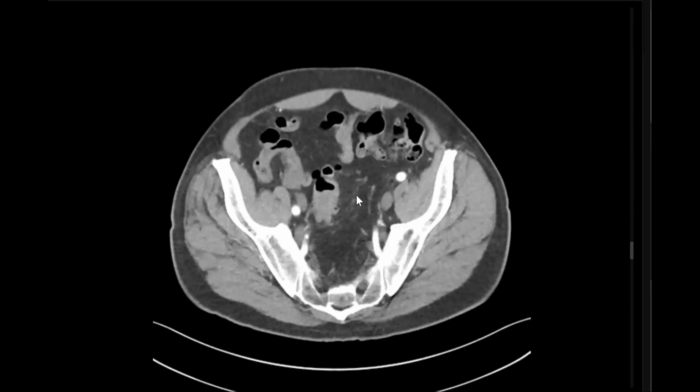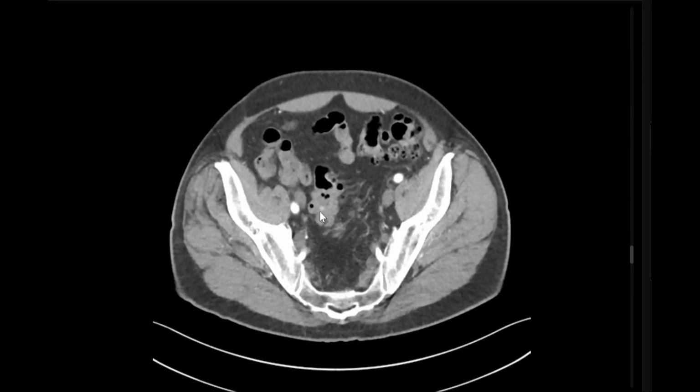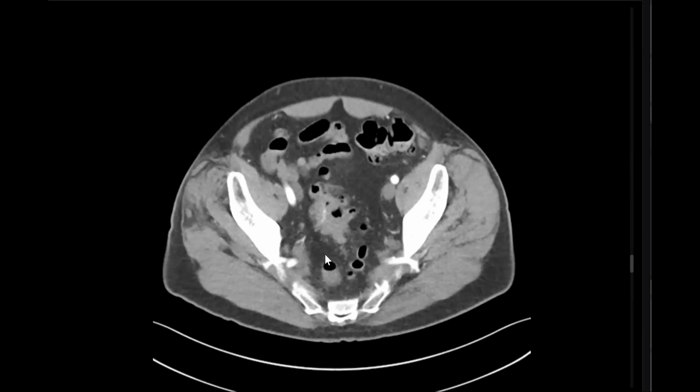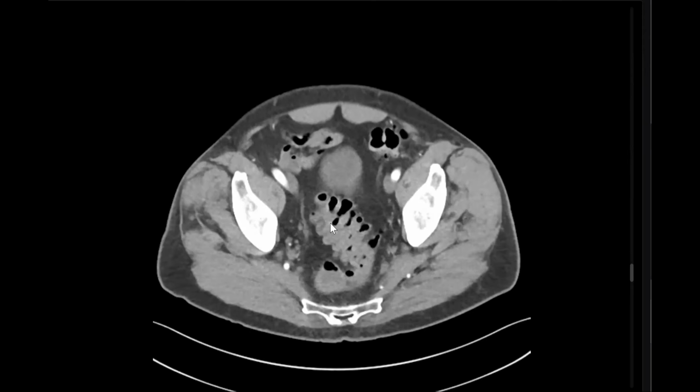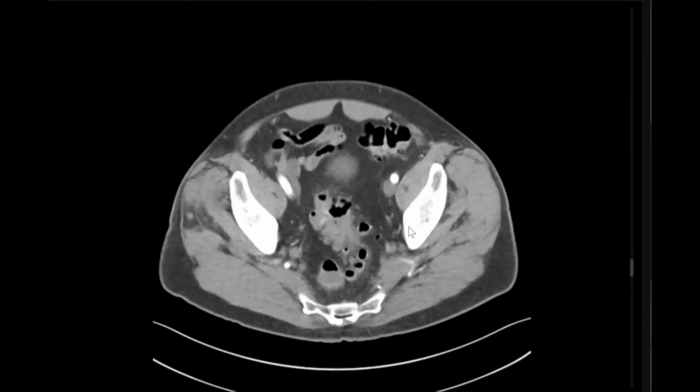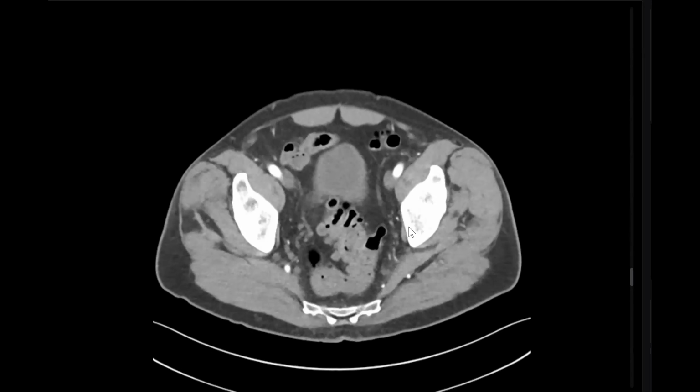Oh, there is active extravasation here, surrounded by multiple diverticuli. Do you see any mass? I do not see any mass here. Very good. So another cause of bleeding is diverticular disease.